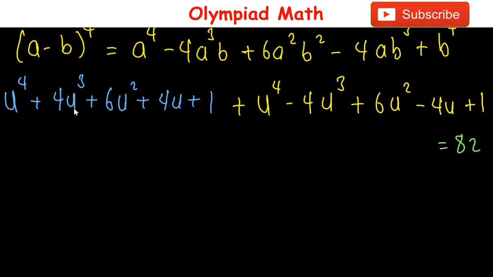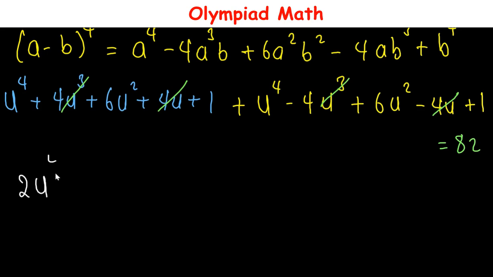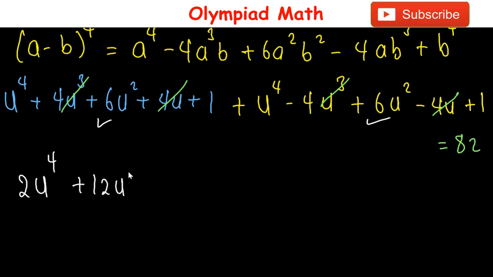Looking at this, plus 4u cubed cancels minus 4u cubed, and plus 4u cancels minus 4u. So we then have u to the power of 4 plus u to the power of 4, which is 2u raised to the power of 4, then plus 6u squared plus 6u squared is 12u squared, plus 1 plus 1 is 2, equals 82.